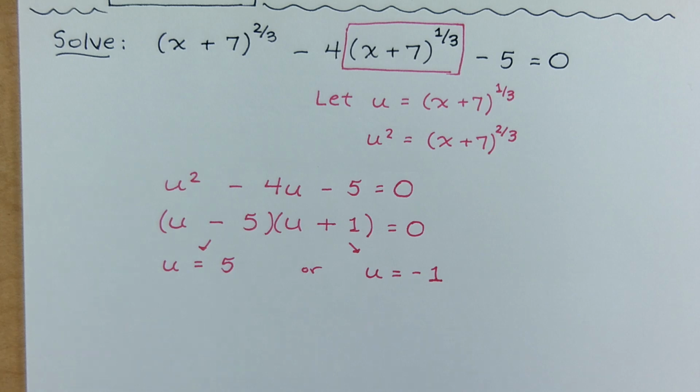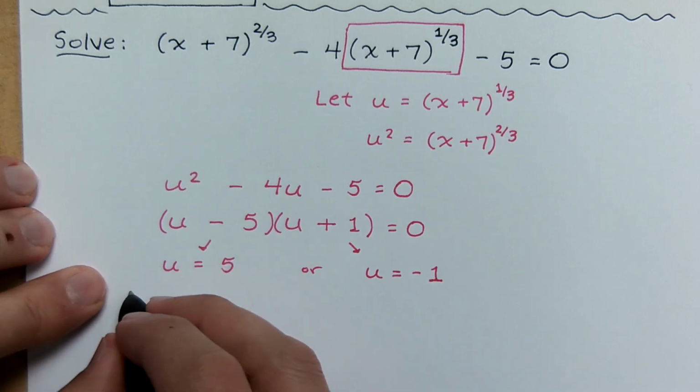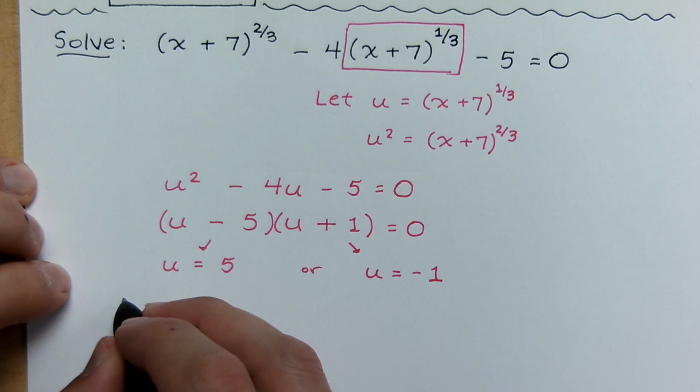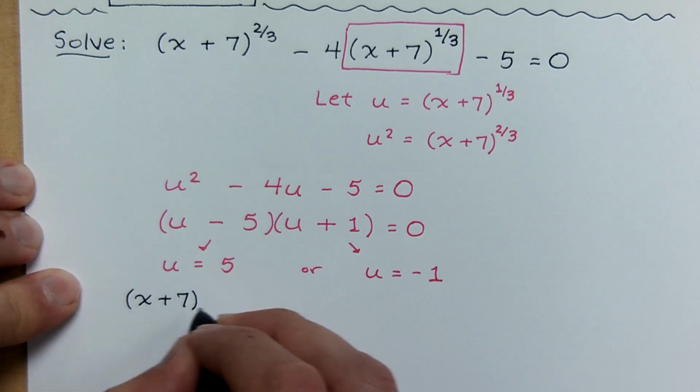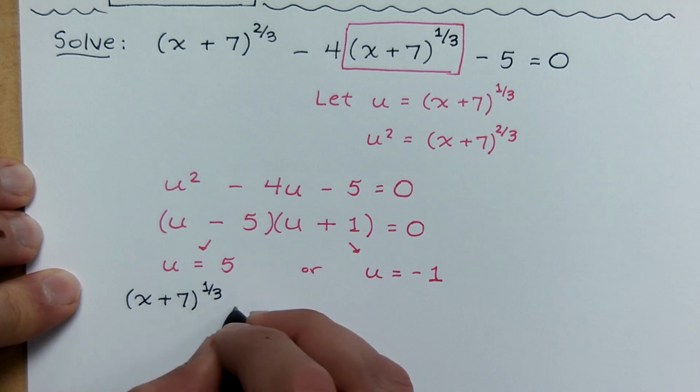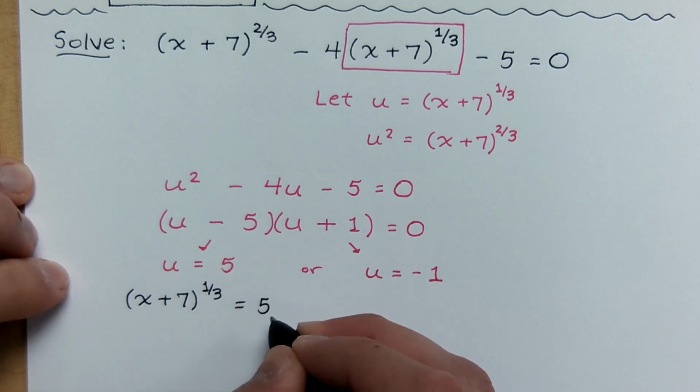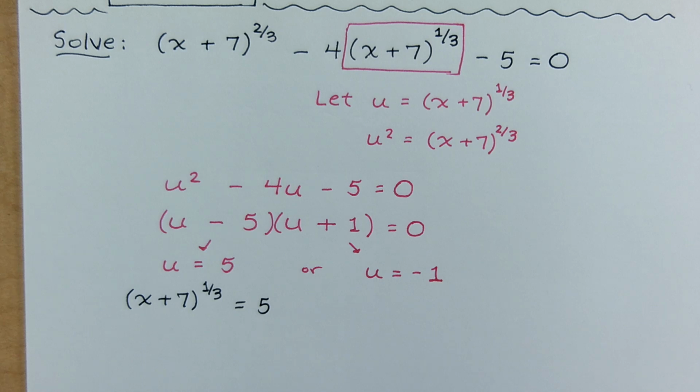So instead of u, I go back to what u is representing. He's a stand-in. Oh dear, this really is relationship. This is a stand-in for the (x plus 7) to the 1/3 power. That is what is equal to 5. So now I'm going back to the original black pen. What does it mean to be to the 1/3 power?